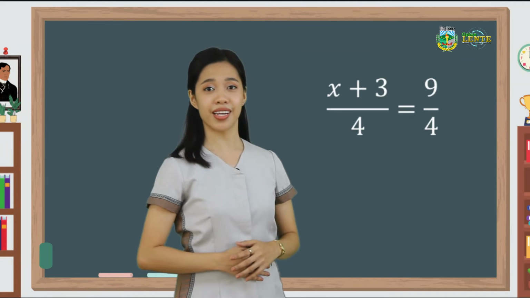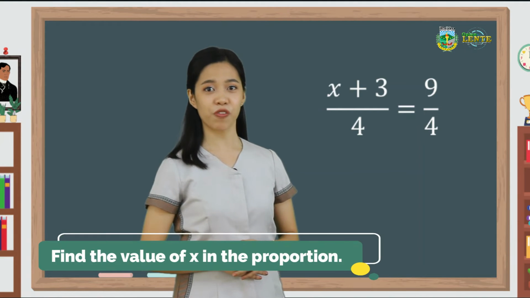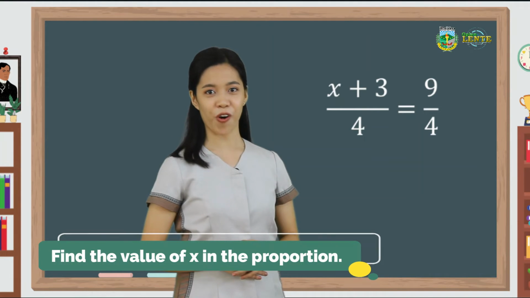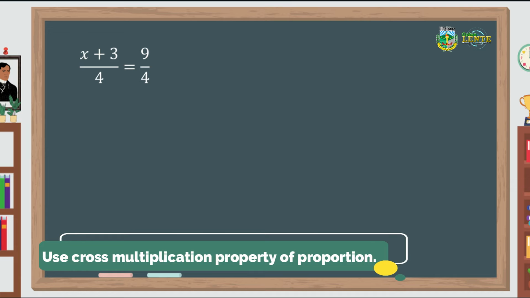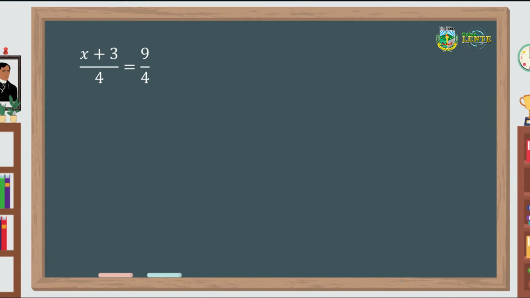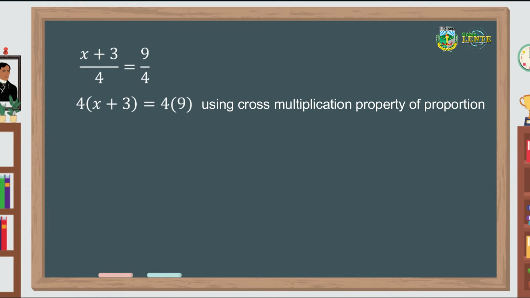Another example. Solve for x in x plus 3 is to 4 as 9 is to 4. Using the cross multiplication property of proportion, we have 4 times the quantity x plus 3 equals the product of 4 and 9.